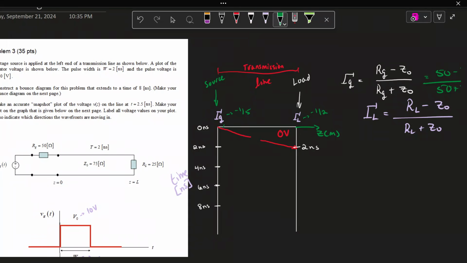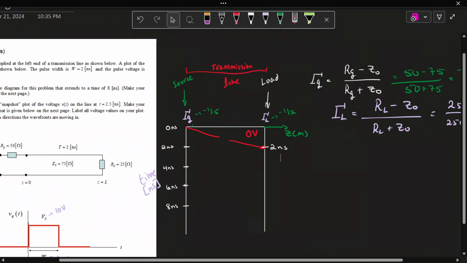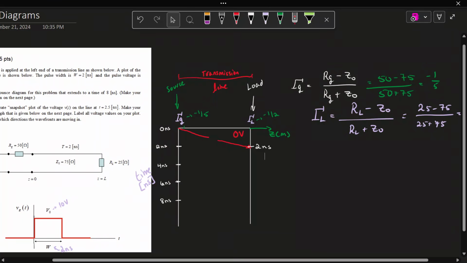So how do we know the value of the voltage? Well, we know that the source voltage will end up being the incident wave. Do we remember what the incident wave here is? It's V plus. Now, it's not just our voltage, it's not just V naught.